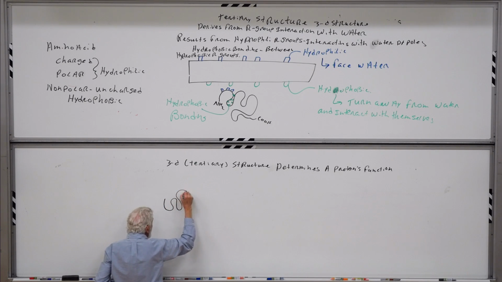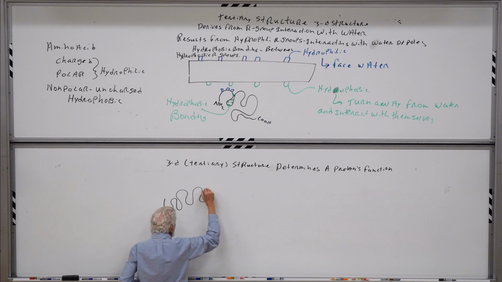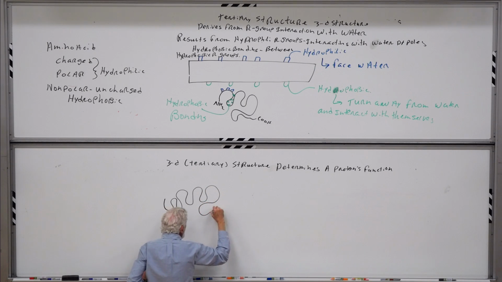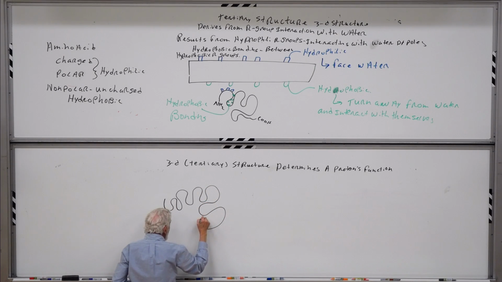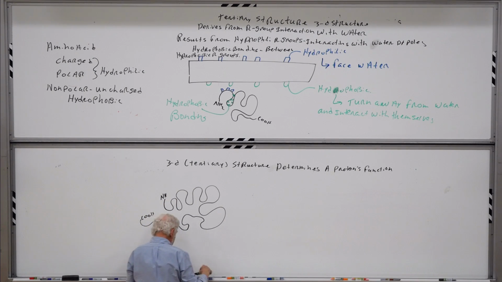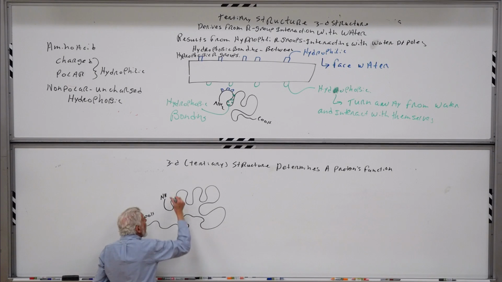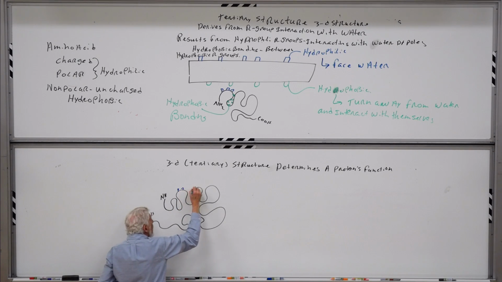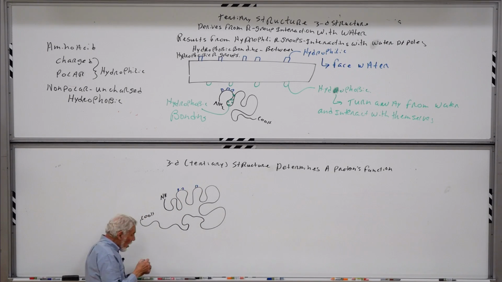imagine that this is a protein that's been thrown into a three-dimensional shape. But there's a region within this that I want to emphasize, where this is the amino terminus and this is a carboxy terminus. Some regions will have hydrophilic R groups, and that will force them out into the water.